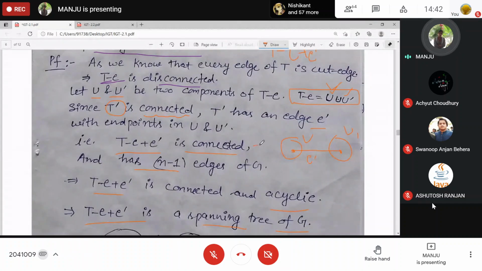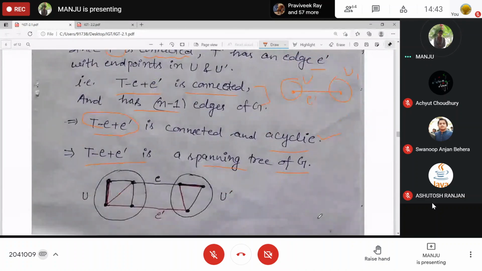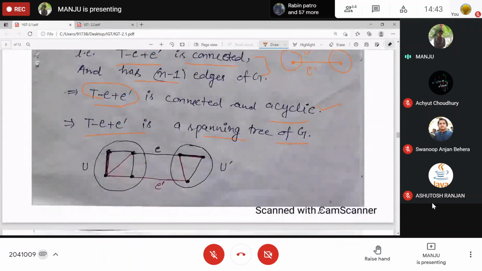We have done now that a graph G which is connected and has n minus 1 edges will have no cycles. Clear? We have done it. That means acyclic. So this subgraph is connected plus acyclic, which means spanning tree. Okay?